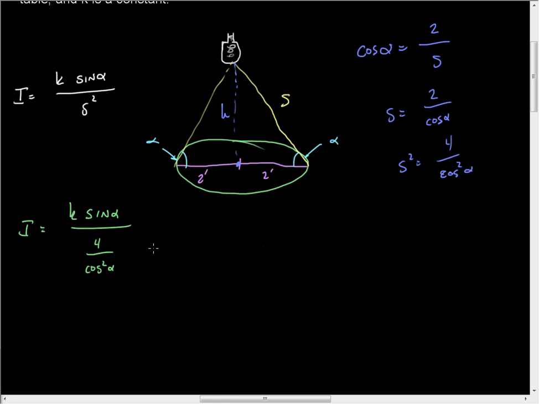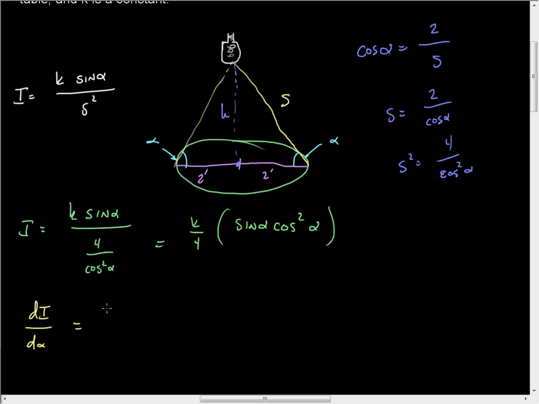All right, so now if I work that around, I get k over 4 times sine alpha cosine squared alpha. The reason I bring the k over 4 out is because when I go to take the derivative, the next step, I can treat that as a constant and just hold that out on the side.